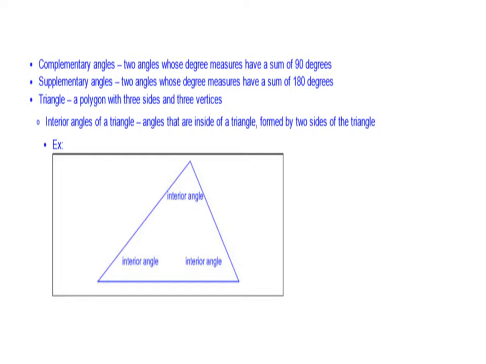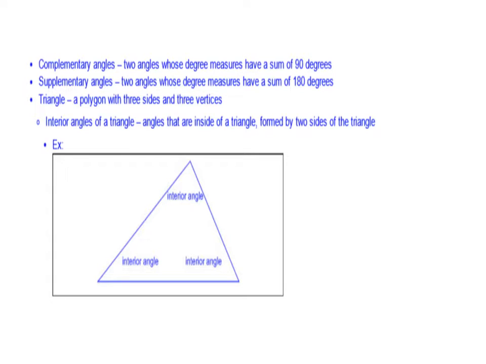More definitions. Complementary angles are two angles whose degree measures have a sum of 90 degrees. If we look at this triangle, you have one angle, here's another angle, and here's another angle. So this triangle has 3 interior angles.